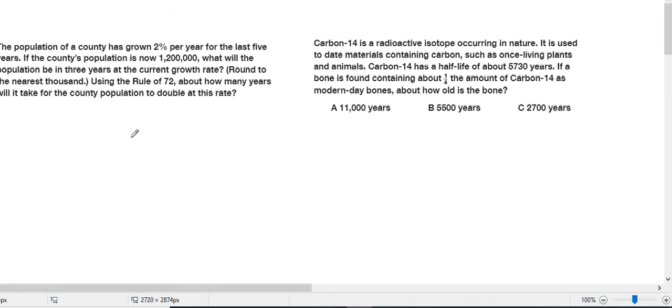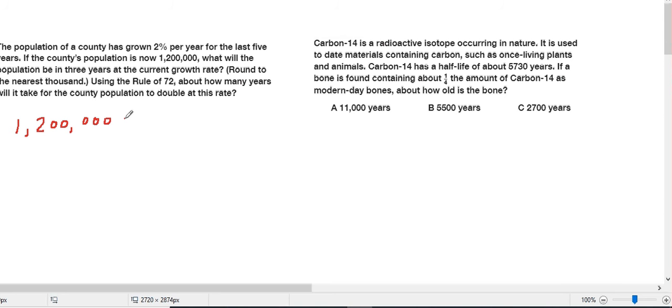So it starts at 1.2 million. How do we find out at a 2% growth rate what it would be in 3 years? There's no shortcut, really. You take 1.2 million. Now, what would be 2% more than that? How would we find that?